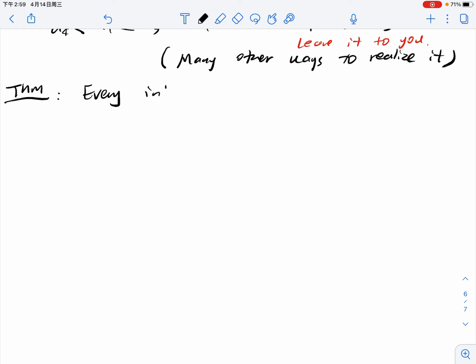So every interval graph is a chordal graph.